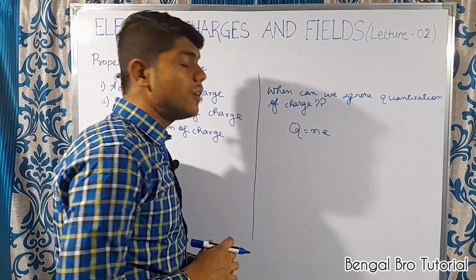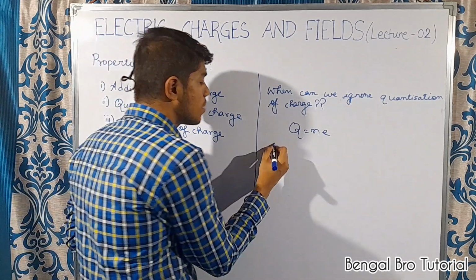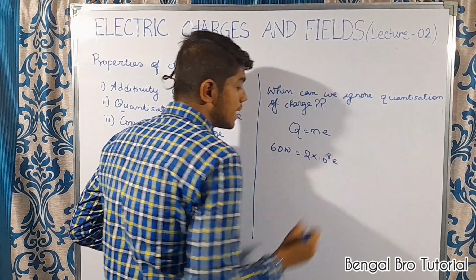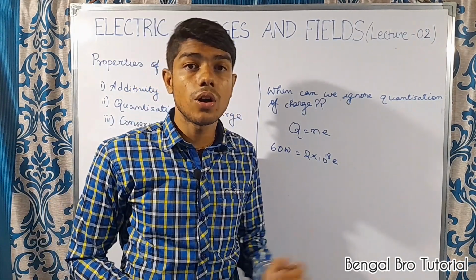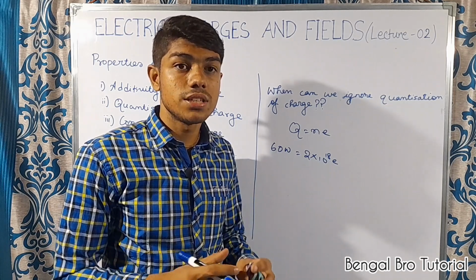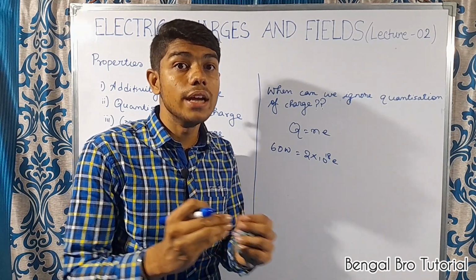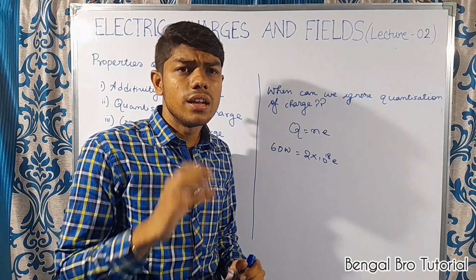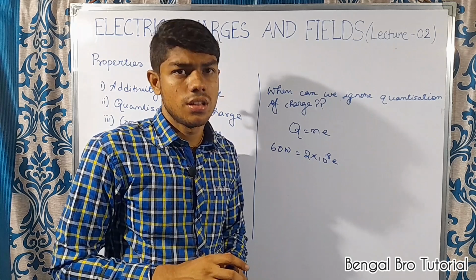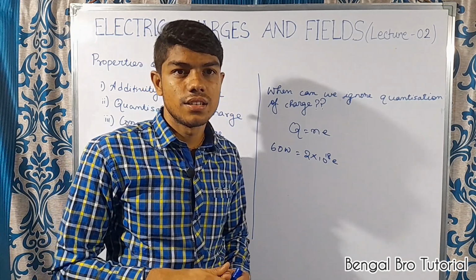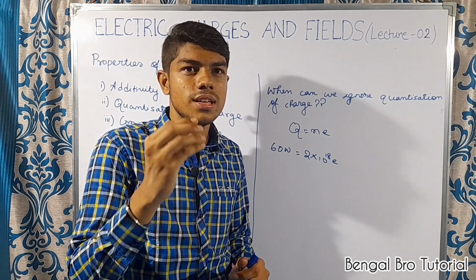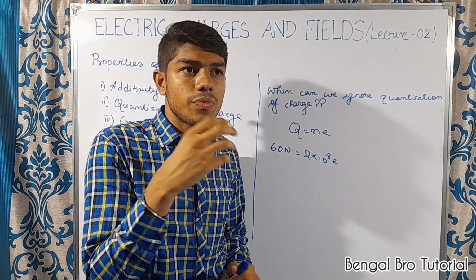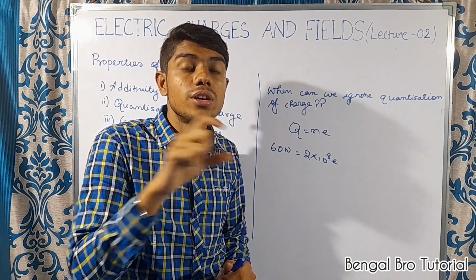For example, if I switch on a 60 watt bulb, then about 2 into 10 to the power 18 electrons will flow through the filament of the bulb per second. Can you imagine this number? And so the granular nature of charge cannot be detected, and we will not see the bulb going on and off, because the charges flow continuously.